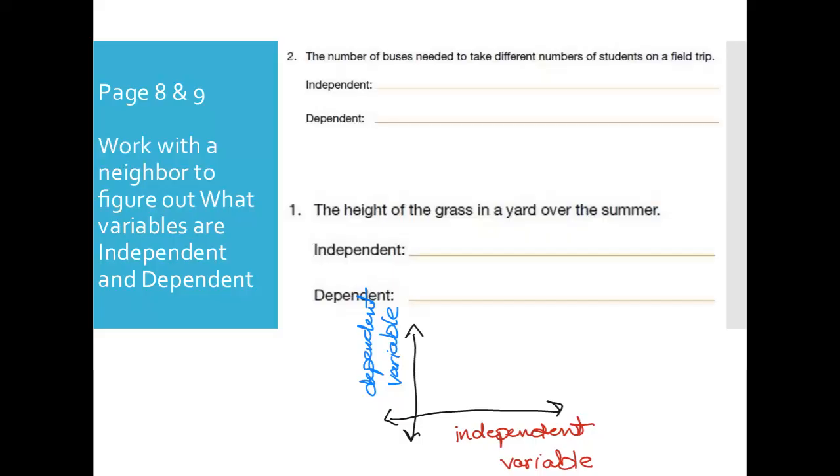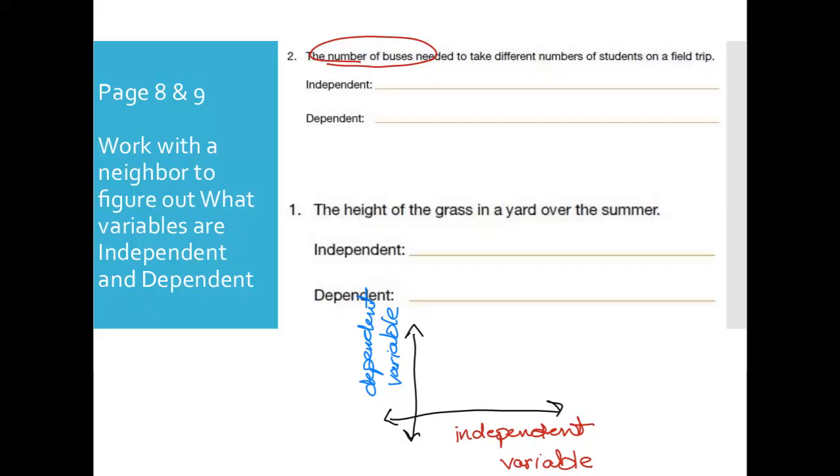So, starting with number 2, the number of buses needed to take different numbers of students on a field trip. So what are the variables that we're talking about first? What's one of the variables? The number of buses. Yes, that's one of the variables.